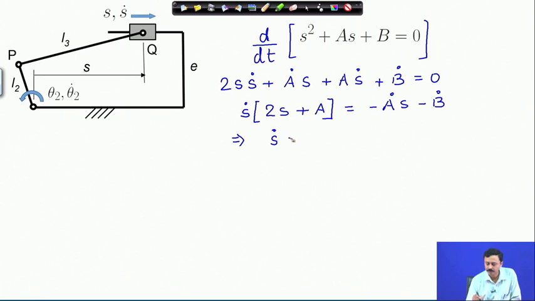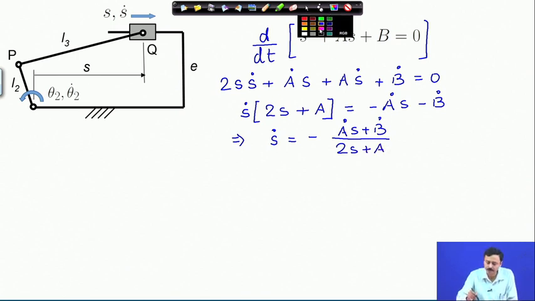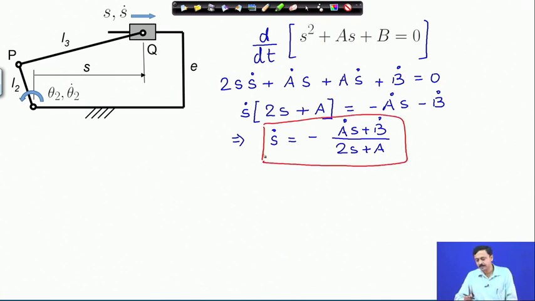So, I have this expression of s dot in terms of the time derivatives of A, B and the expression of A. On the right hand side I have s, theta 2 and derivatives.